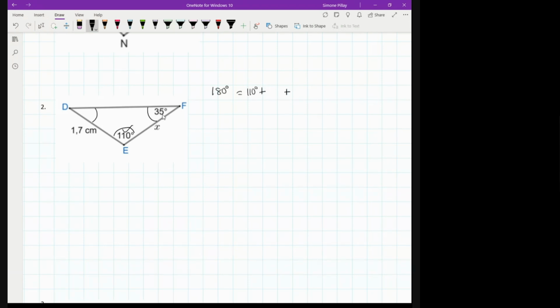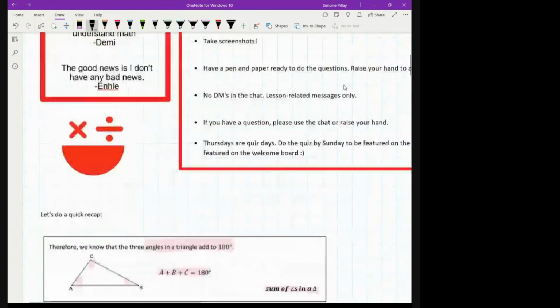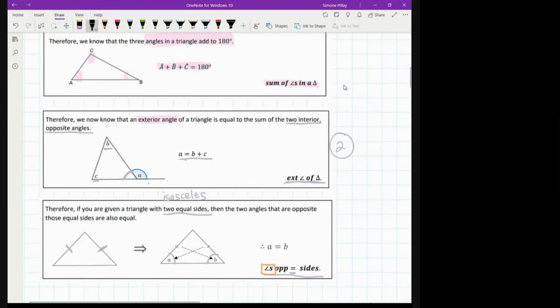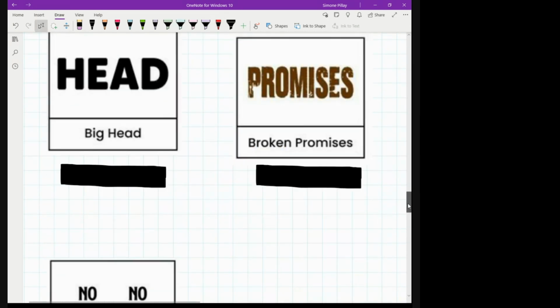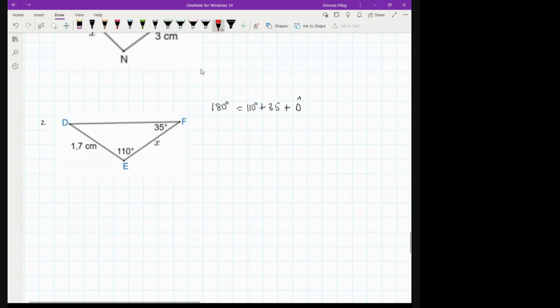So we know it's 110, we know it's 35, and we don't know what this is, but we'll just call it angle D. Make sense? Yes, ma'am. What's the reason for that? Sum of angles in a triangle, ma'am. There we go. Sum of angles in a triangle. Beautiful. Now what are we doing?